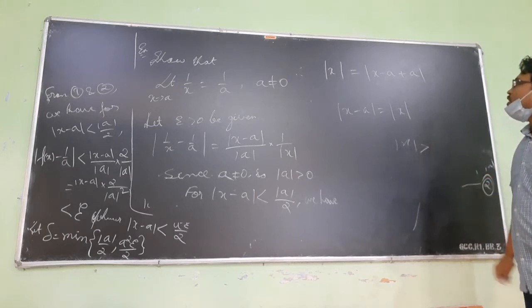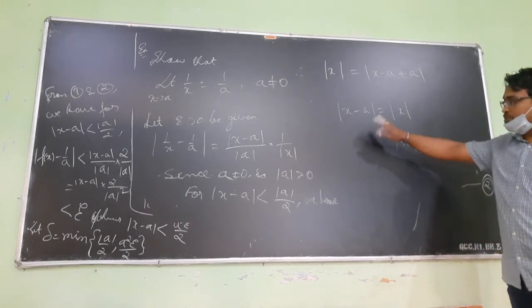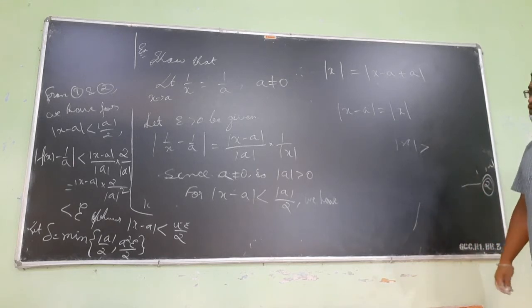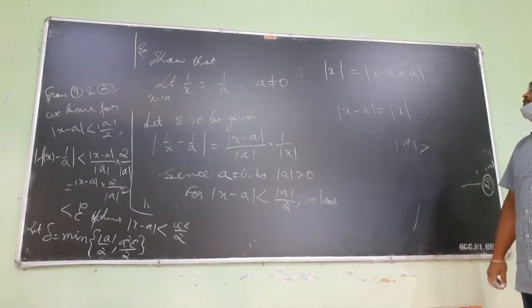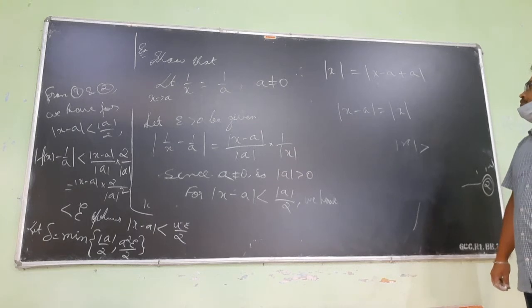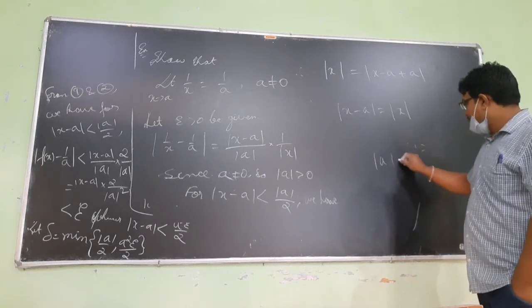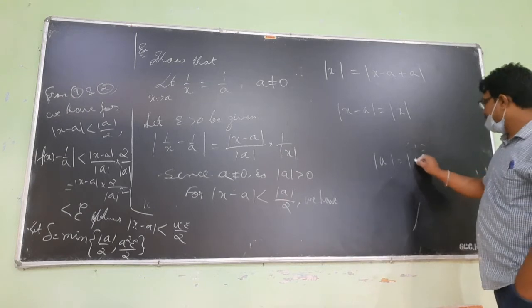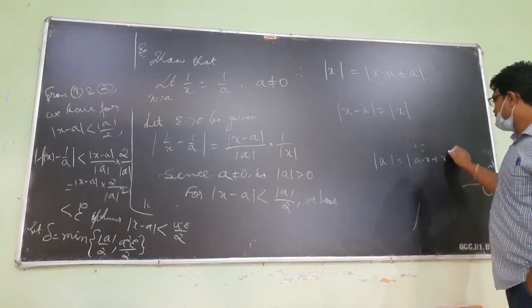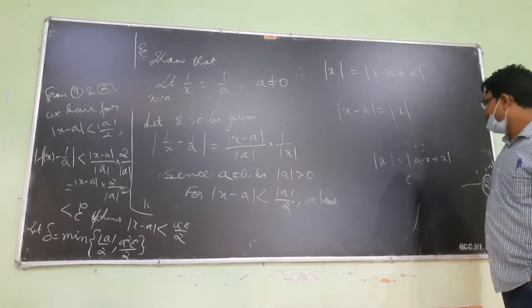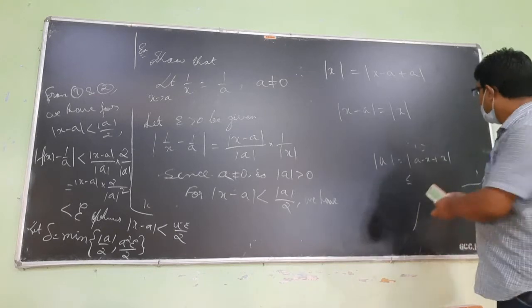So directly, without breaking the mod, we should be able to write it. So if I write something like mod of a is equal to mod of a minus x plus x, this is less than or equal to, yeah, from here itself we can do.